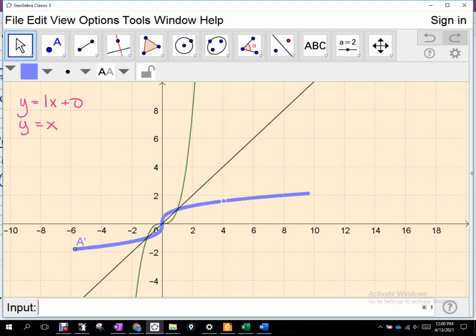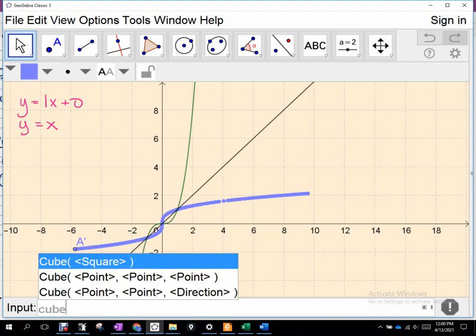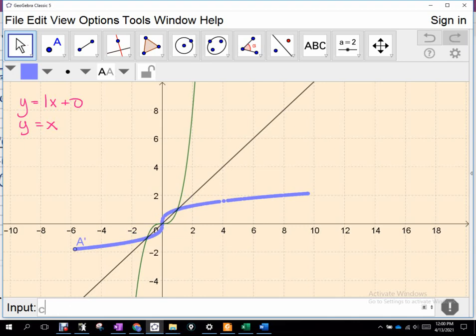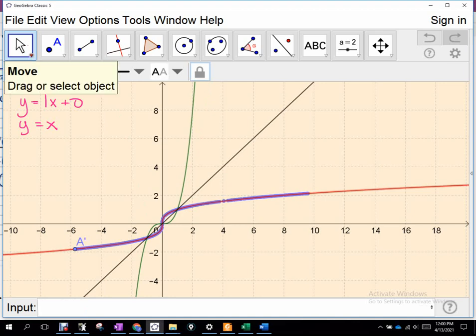That is the cube root. It's x to the 1/3 would be that. So this is x cubed, and this is cube root of x.